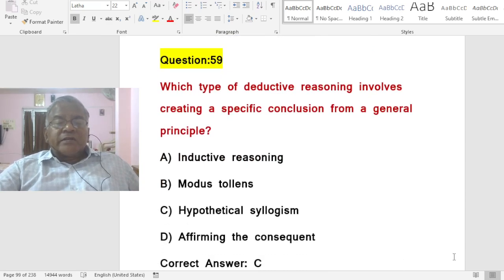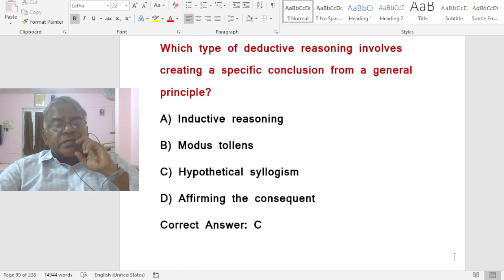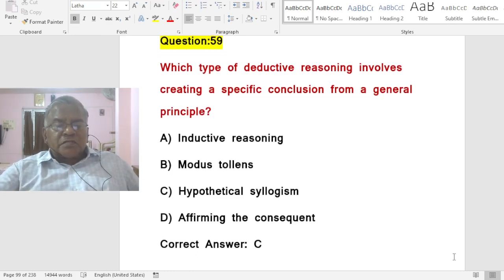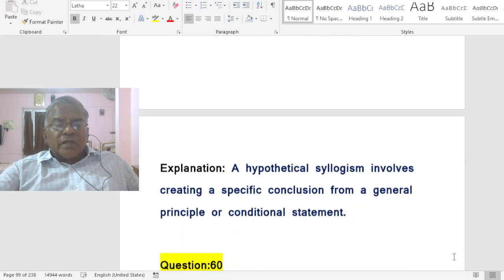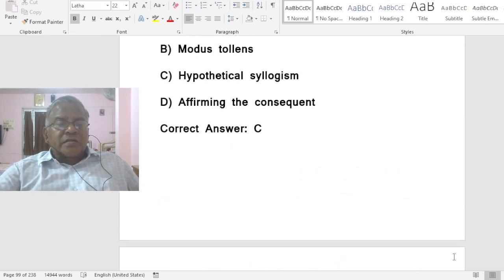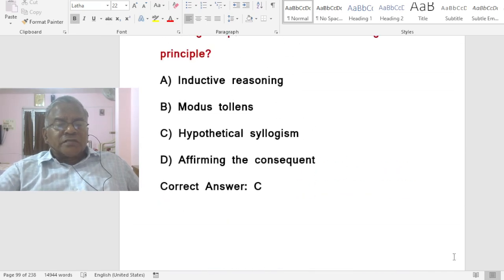Which type of deductive reasoning involves creating a specific conclusion from a general principle? That is hypothetical syllogism. A hypothetical syllogism involves creating a specific conclusion from a general principle or conditional statement.